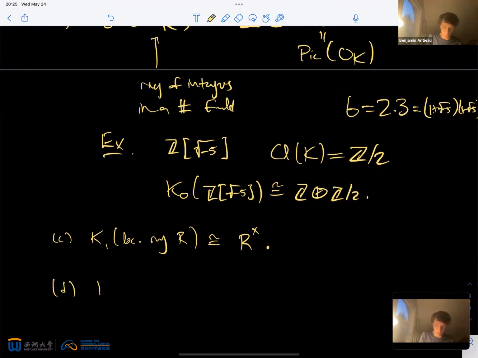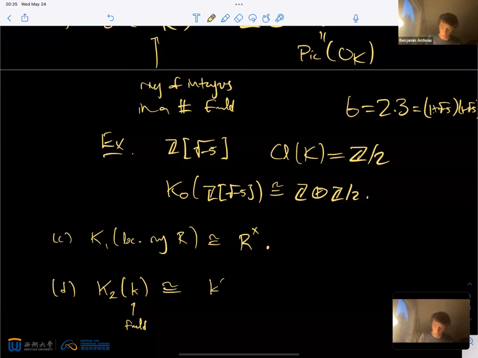Let me give a theorem of Matsumoto. He computed K2 of a field, K. And it's isomorphic to the tensor product of the units with themselves over Z. It's kind of weird. The units are an abelian group, so I can take the tensor product over Z, even though it looks like a strange thing to do.